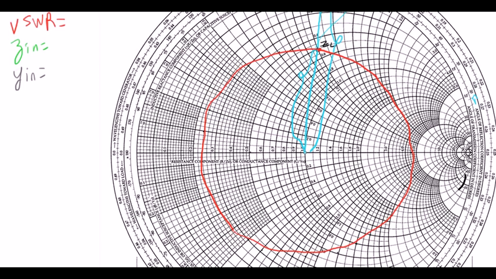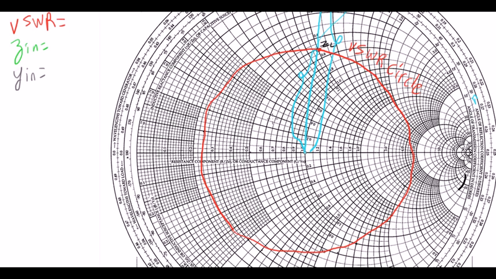Usually this circle is called the VSWR circle, the voltage standing wave ratio circle.